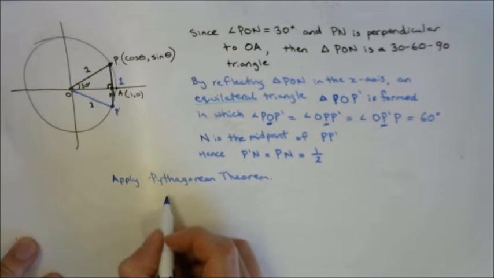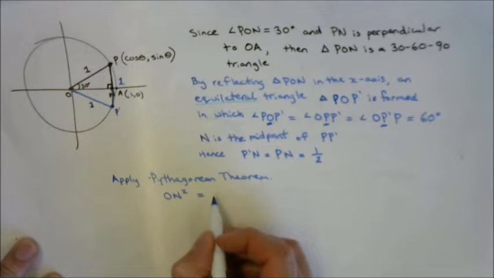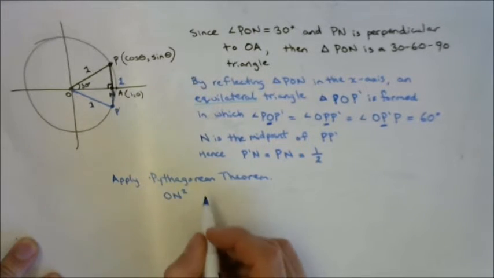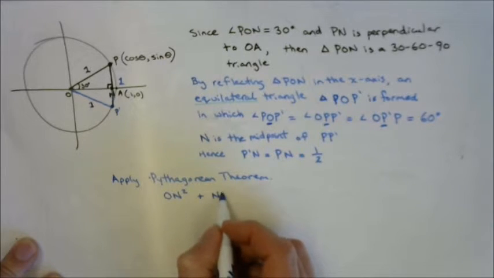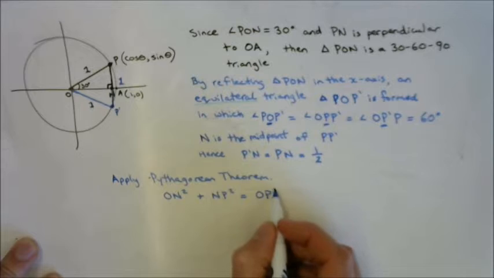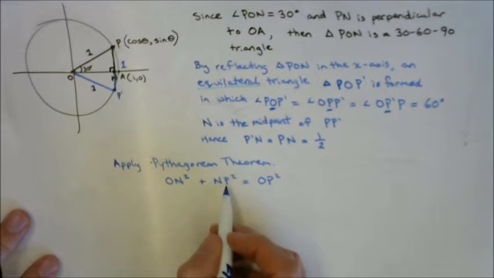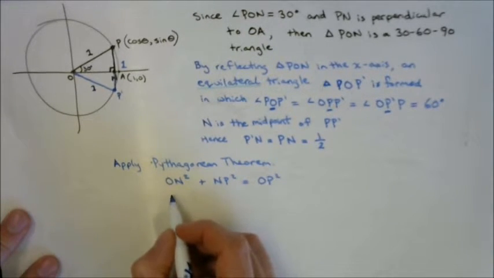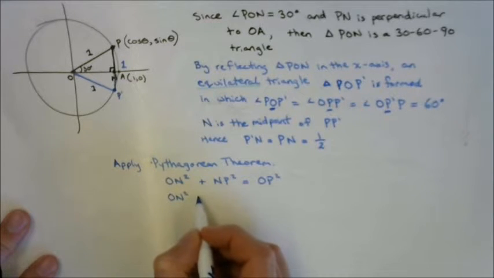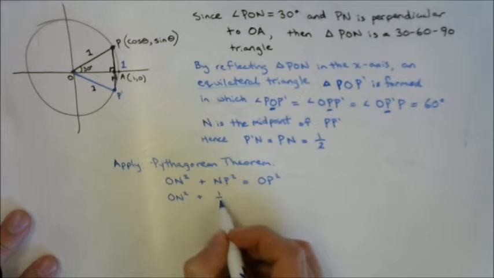And same situation, we know ON squared plus NP squared equals OP squared. And now we don't have that these angles are equal to each other at all, but we know the length of NP. What's the length of NP? It's 1/2.